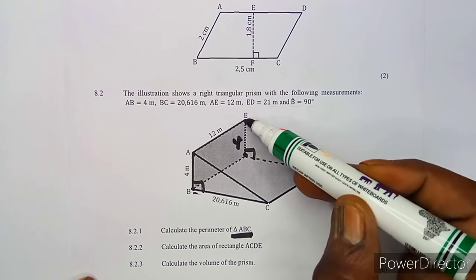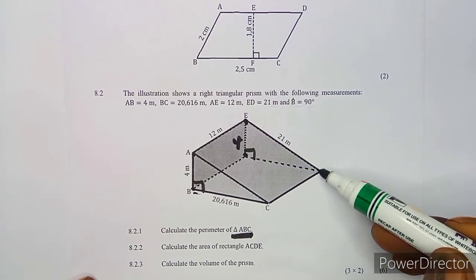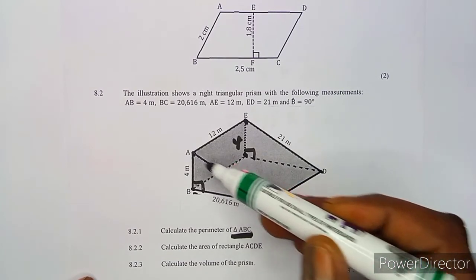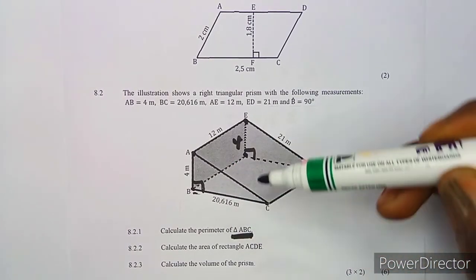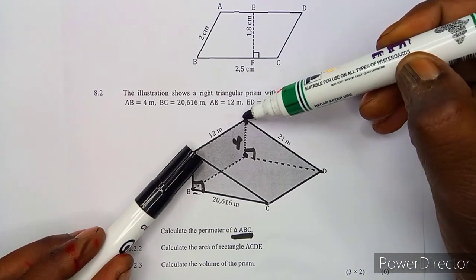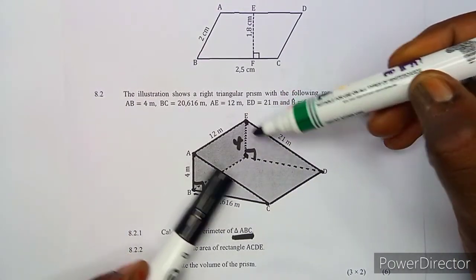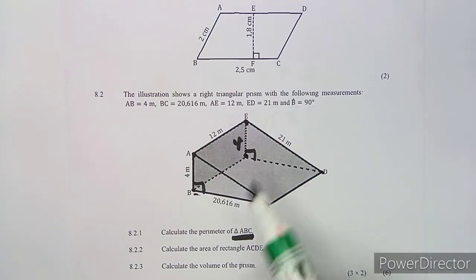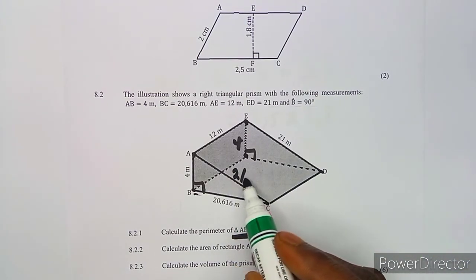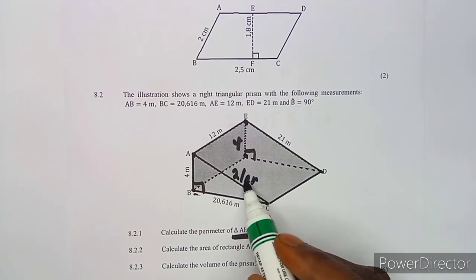Also, this one from E to D is the same as from A to C. So this one is going to give us 21 meters also.